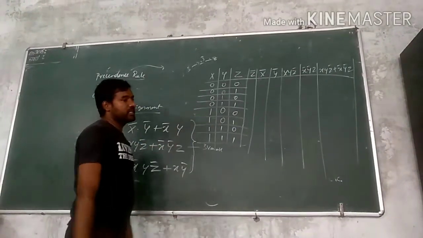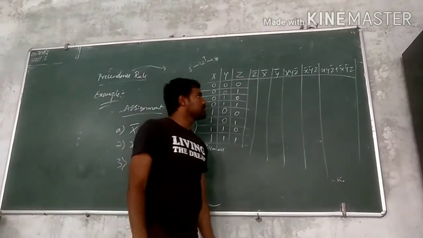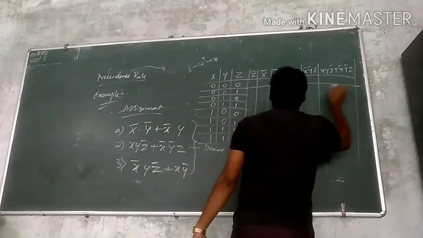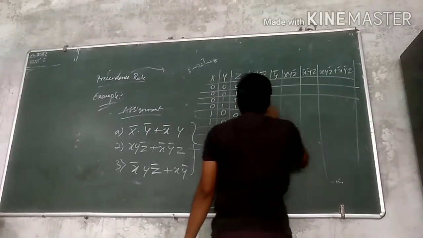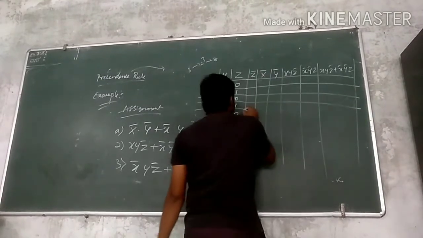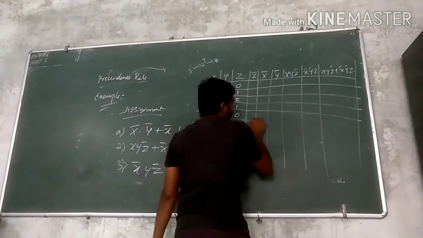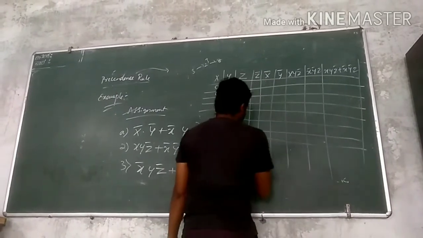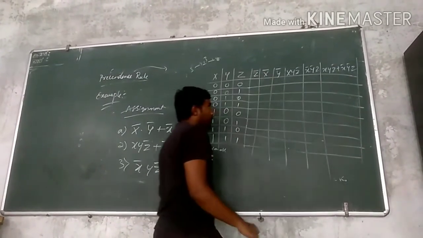This is the way of writing the expressions in the table. Now let us go for solving the terms. To solve this table, we need to know the AND operator, OR operator, and NOT operator. These three tables are important.